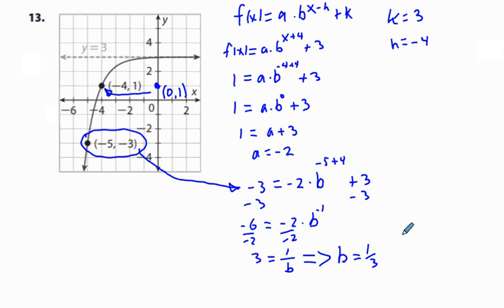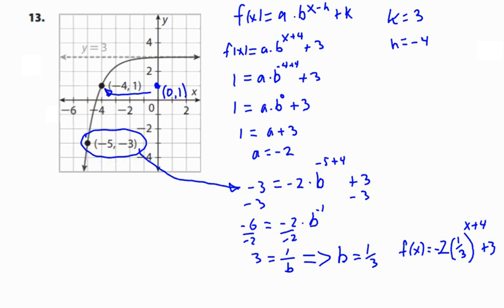So our function here is going to be f of x equals negative 2 times 1/3 to the power of x plus 4, plus 3. And then you can try and calculate it to see if you get the same thing.